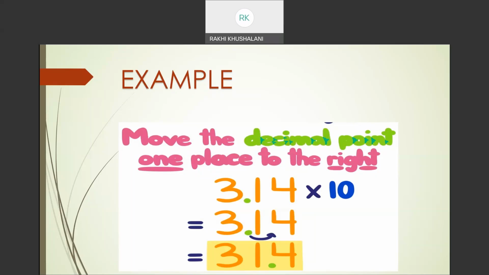That means when I'm multiplying 3.14 with 10, I'm multiplying it 10 times. I'm increasing its value by 10 times. So I am going to get a bigger number. That is, I am going to get 31.4. Okay, it's a bigger number. So I'm going to get a bigger whole number.